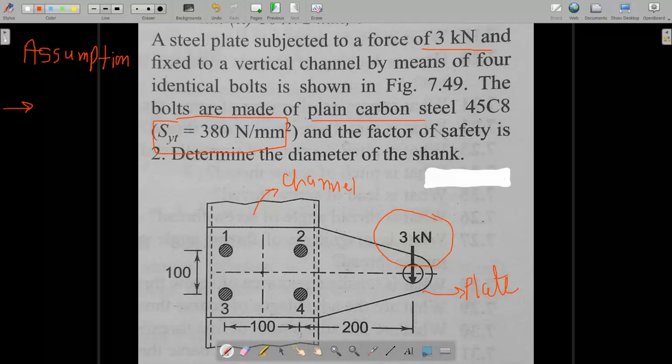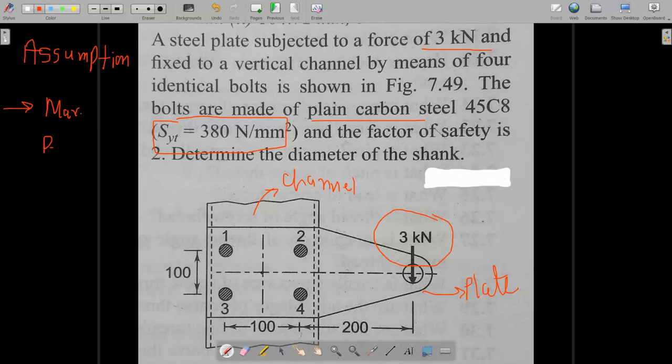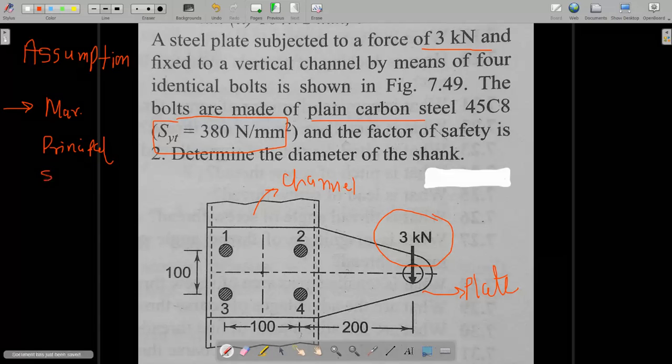And here I am writing one assumption, which you have to write in the mains exam: that we have considered the maximum principal stress theory. As you can see, it is subjected to shear, so we have to find the shear stress tau.